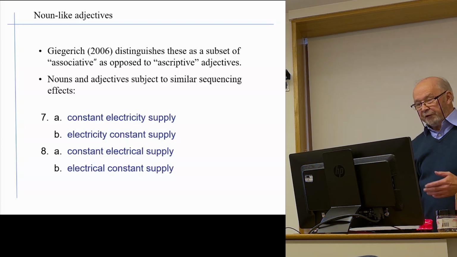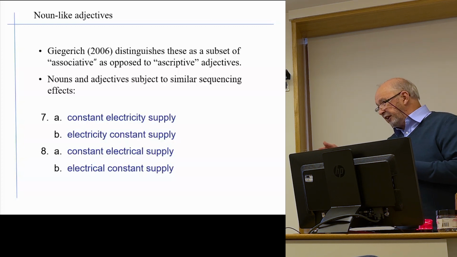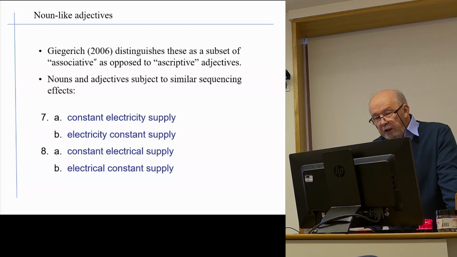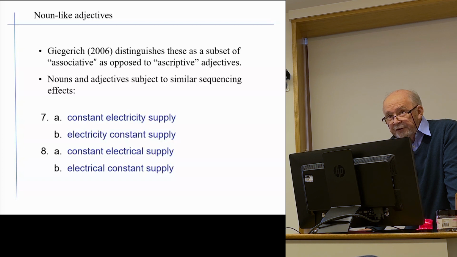are ones which seem to have something like a theme relation, the kind of examples that I've been talking about before. So, examples. You seem to have similar sequencing effects in nouns and adjectives in this kind of role.